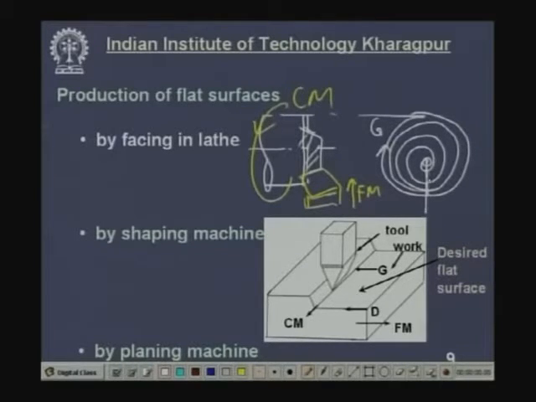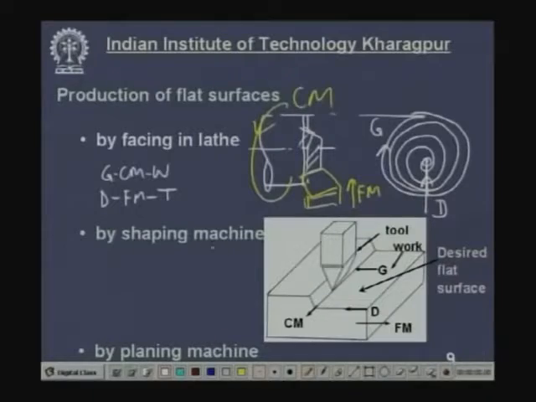So, this is the directrix. So, directrix is connected with the feed motion and the tool, and generatrix with the cutting motion with the job. This is how flat surface can be produced in lathe.